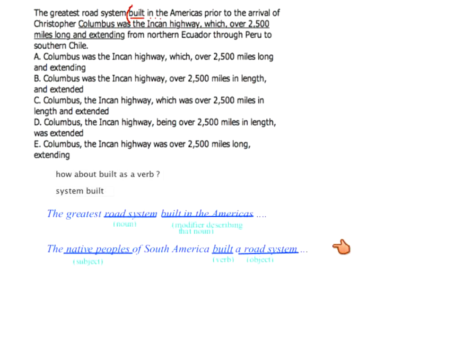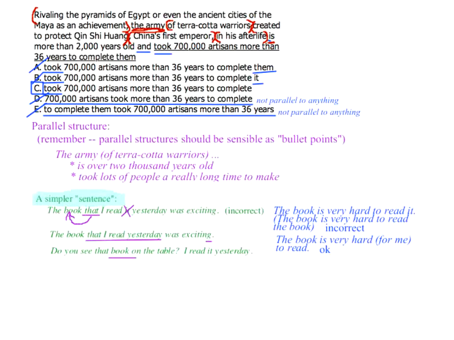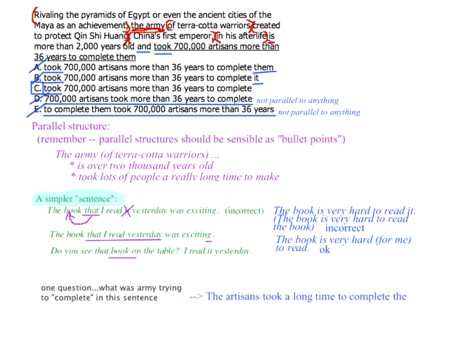While you think about that, let's revisit this problem right here. So this is a misunderstanding of the meaning of the sentence. The army was not trying to complete anything. The artisans took a long time to complete the army.